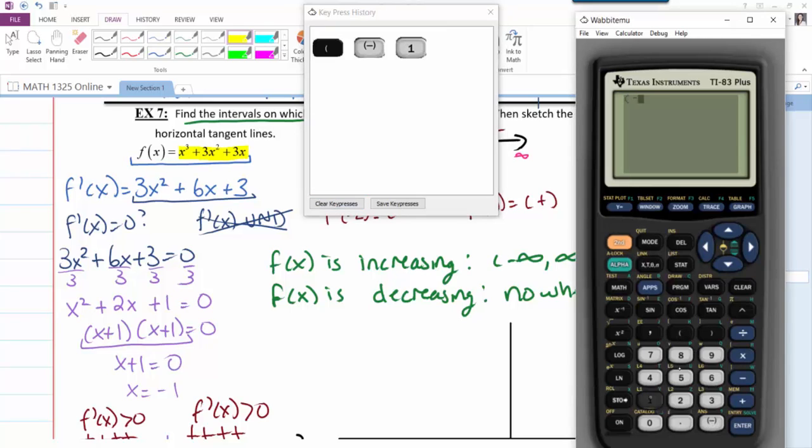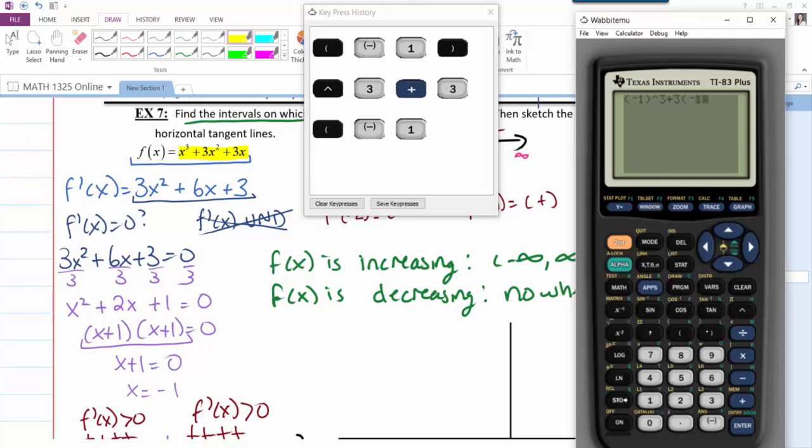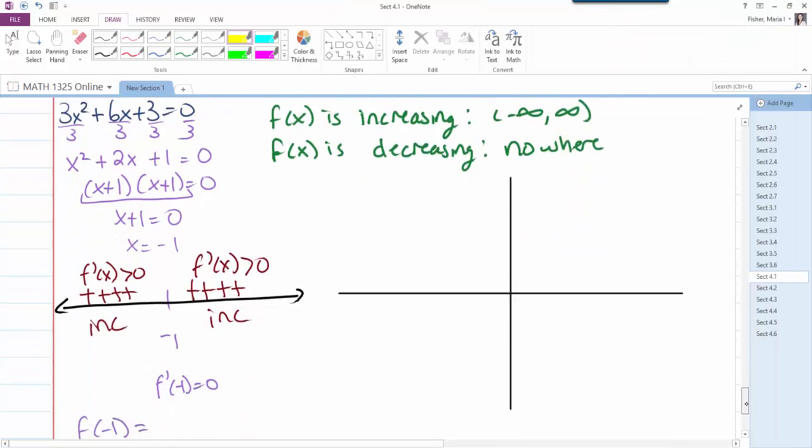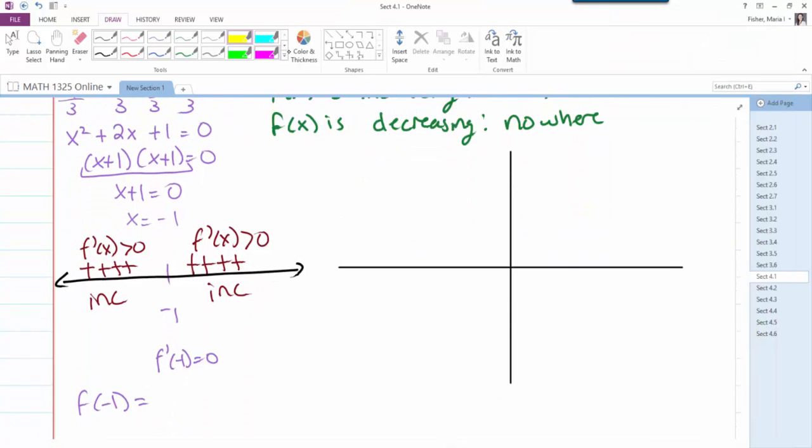So negative 1 to the third plus 3 times negative 1 squared plus 3 times negative 1. We get negative 1. So the value f of negative 1 is equal to negative 1. So let's put that point on here. So here is the point (-1, -1).